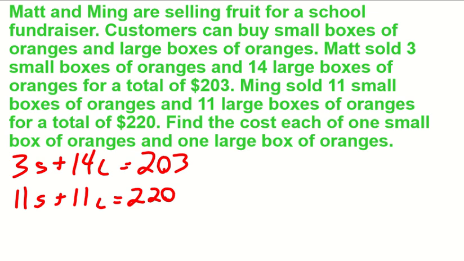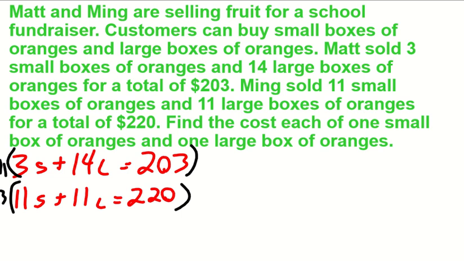So, not exactly easy to see how to cancel these out. If you're going to do elimination, you need to multiply each of those equations. The way I did it, I canceled out the small boxes. So what do both 3 and 11 go into? 33. That means I'm taking my first equation and multiplying it by 11, and my second equation and multiplying it by 3.